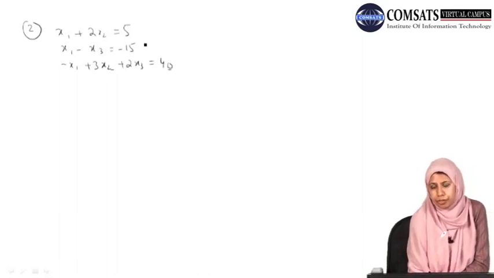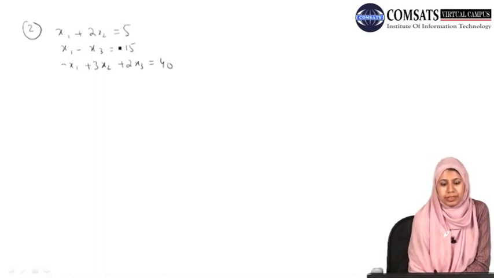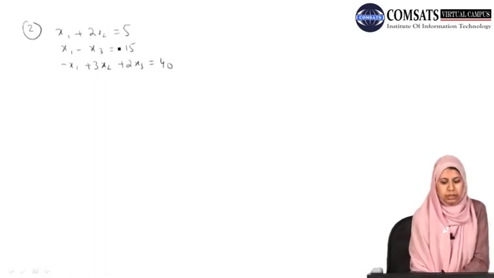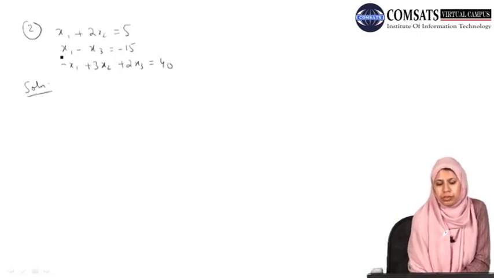This example we have solved in our previous lecture by using the matrix equations. And we are asked to find the values of our matrix of unknowns, or the variables x1, x2 and x3.